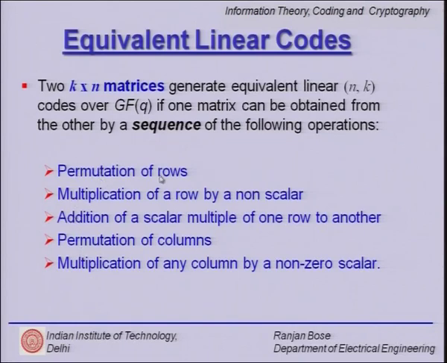We can permute the rows of the generator matrix, multiply a row by a non-zero scalar, or add a scalar multiple of one row to another row, permute the columns, or multiply any column by a non-zero scalar. If all of these operations in any sequence can lead from one generator matrix to the other, then these two are called equivalent linear codes. So, we have already studied these so far. What is important is you can have any sequence of these operations.